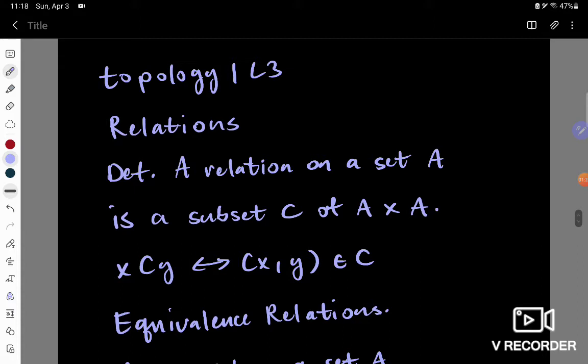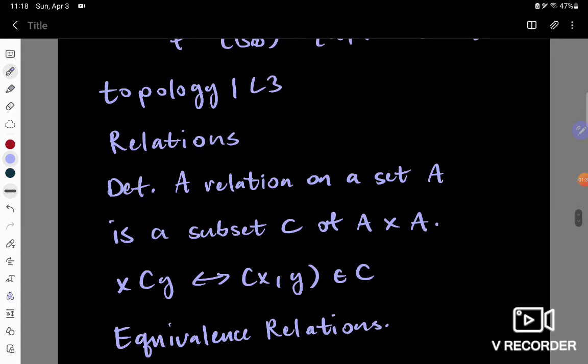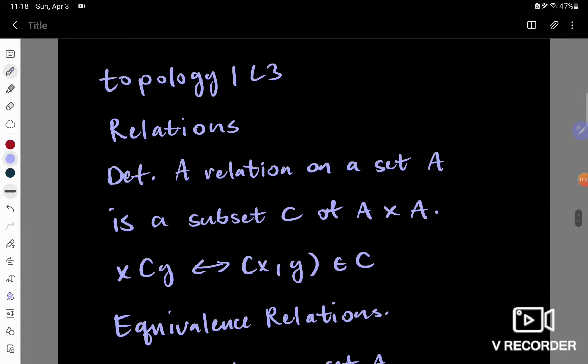So we want to look at some different kinds of relations and find some important information to do with them, how they might be useful, and some examples of them. First of all, you might be thinking that the idea of a relation, as we defined it, is quite similar to the way we defined the rule of assignment in the previous video. And it is similar, but one can think of a rule of assignment as a slightly more specific kind of relation.